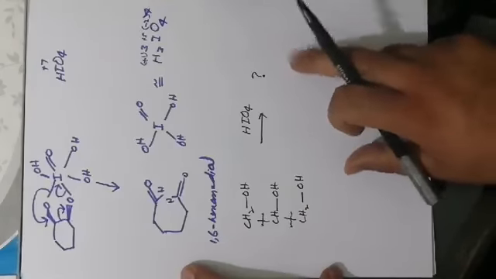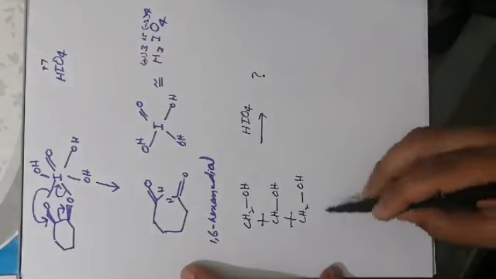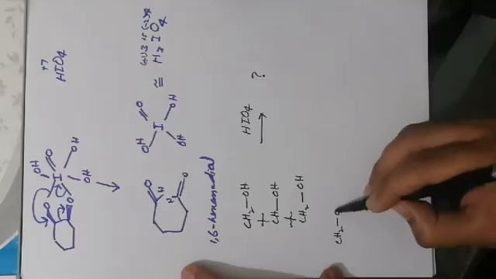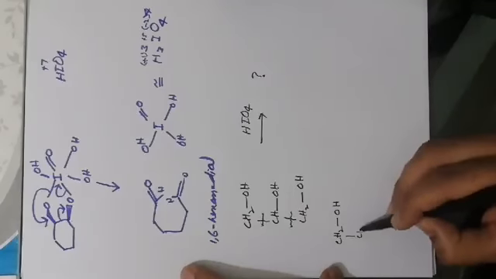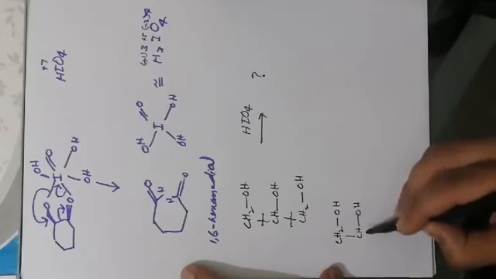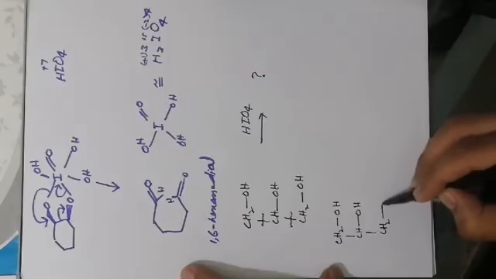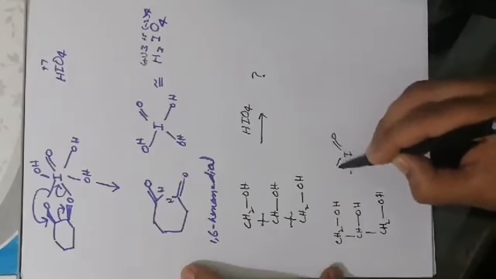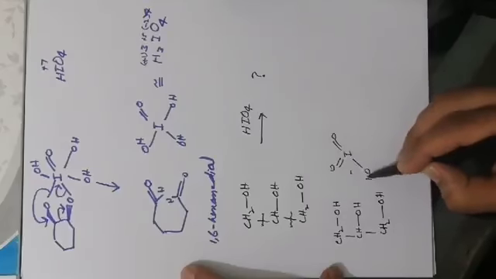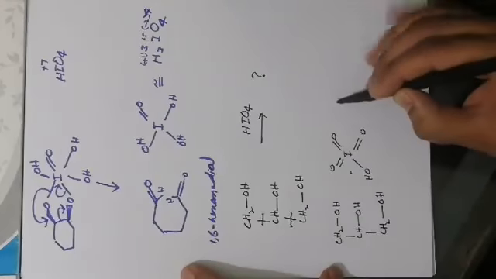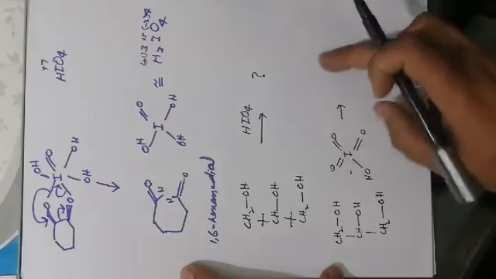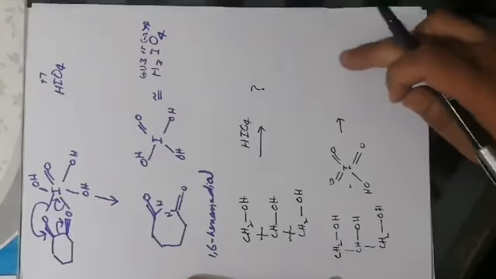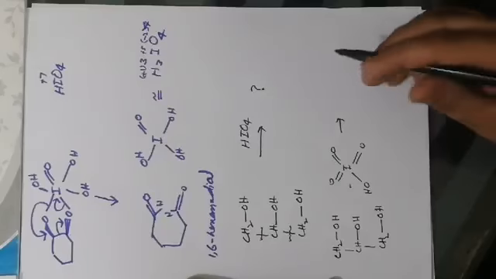So let's draw the mechanism again and understand this. Now I'm not writing the intermediates, I'm just writing the structure of the periodate ester here.